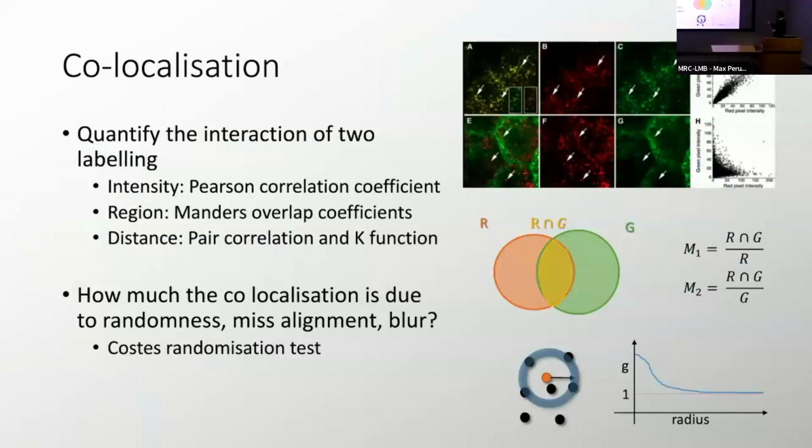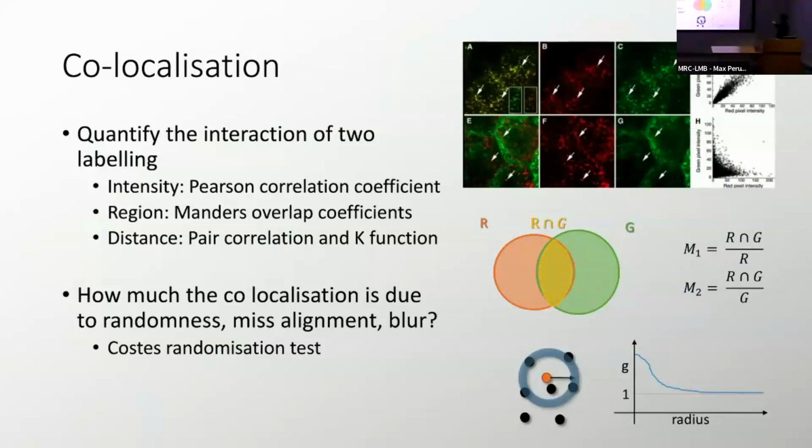But here, the red label and the green label are not matching, so it's hard to see any correlation. A basic way to look at this is using plots of the red intensity versus the green in both cases, and you can see here they are aligned on the map.